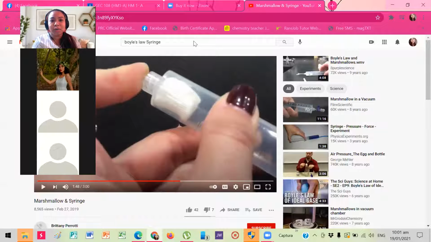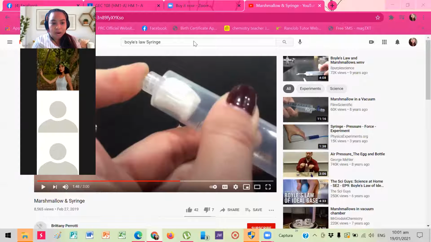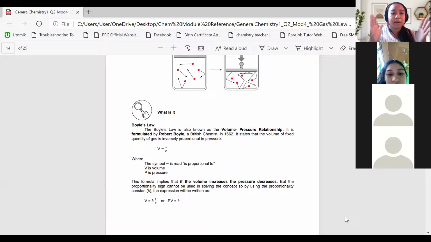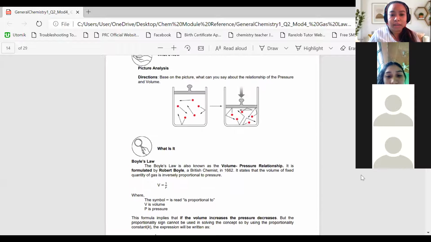With that, what do you think is the relationship of pressure and volume based on the marshmallow thing? The more pressure, the lower the volume. So, they're inversely proportional.